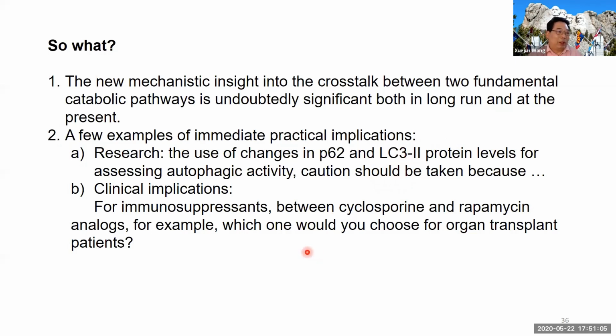Clinically, there are probably no clinicians attending this talk, but just for the sake of information, what we found is helpful in interpreting clinical findings reporting that when rapamycin analogs are used instead of cyclosporin as immunosuppressants in cardiac transplant and kidney transplant patients, rapamycin turned out to be better at suppressing cardiac hypertrophy and improving diastolic function.